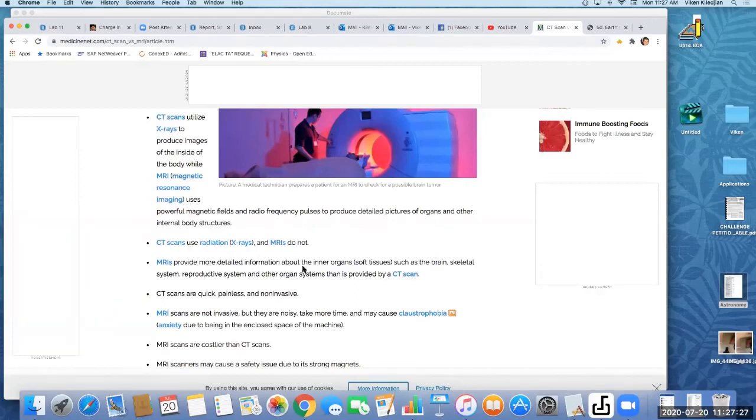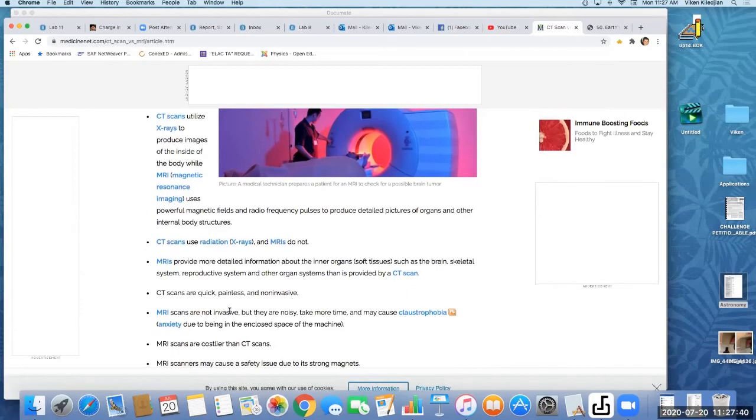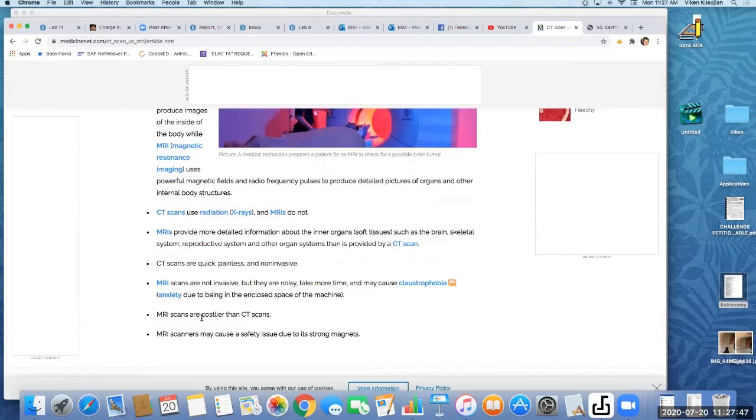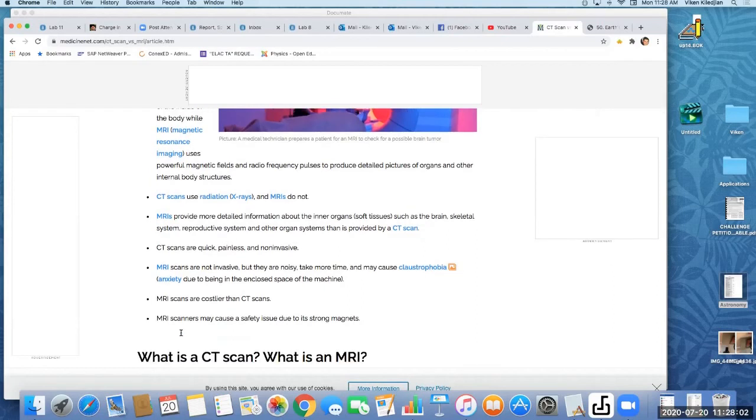MRIs provide more detailed information about the inner organs, such as the brain, skeletal system, reproductive system, and other organs, than a CAT scan. CAT scans are quick, painless, and non-invasive. MRI scans are not invasive, but they are noisy and take more time. MRI scans are costlier than CT scans. MRI scanners may cause a safety issue due to their strong magnets. CT scans don't use magnets. They use radiation.